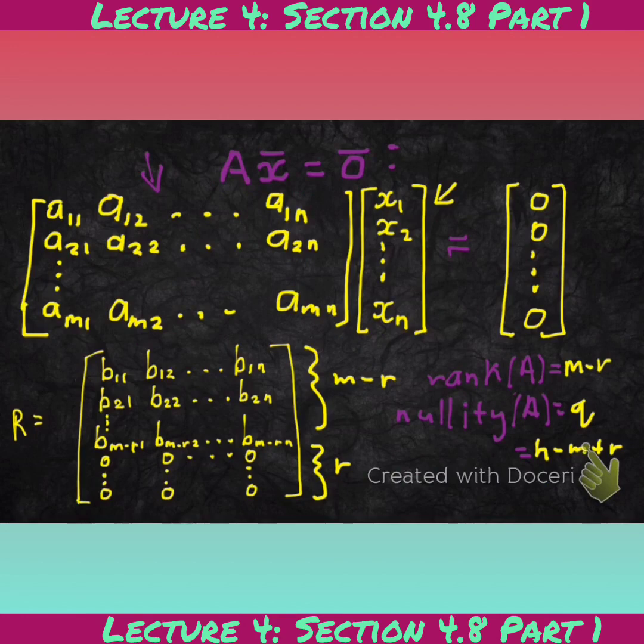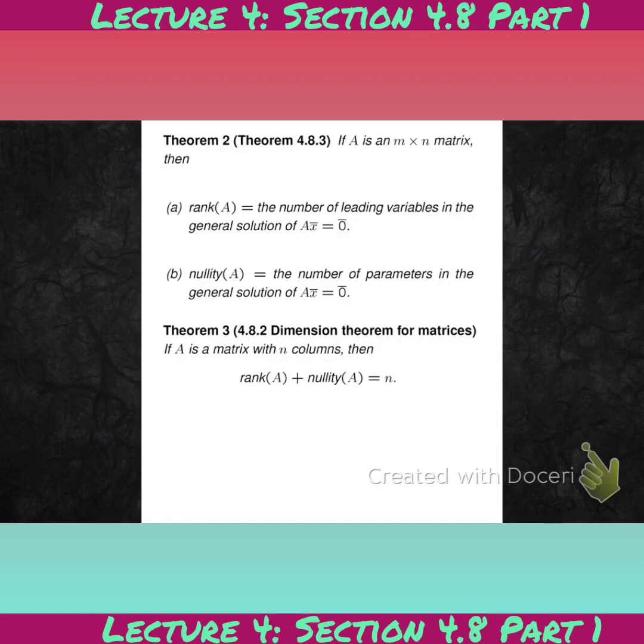Going back to our original system, n signified the number of columns of the matrix A. So therefore the rank and the nullity of a matrix always add up to the number of columns of the matrix A.